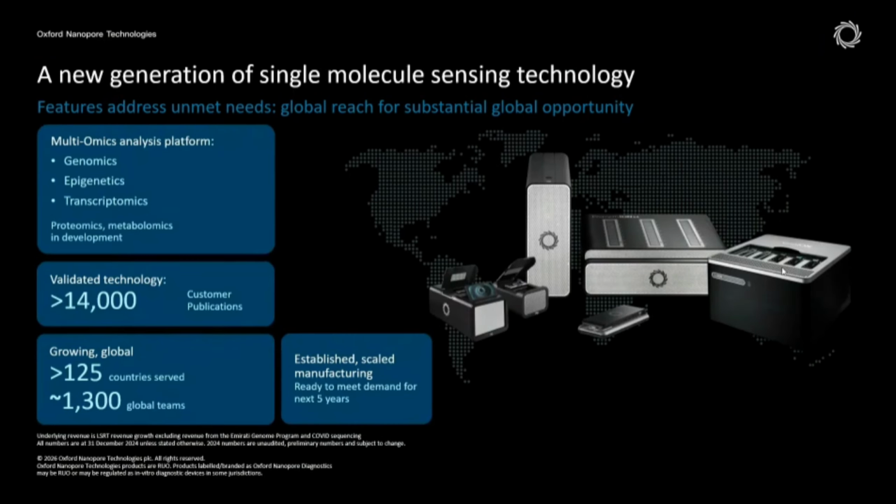These technologies have been validated in more than 125 different countries. For the past 2 years, they have achieved more than 14,000 publications where users are using the technology for their research and projects.